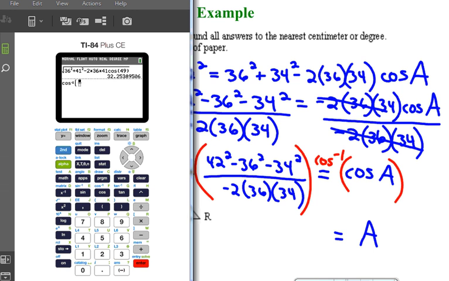That makes things a little bit easier with parentheses. 42 squared minus 36 squared minus 34 squared. Bump down to my denominator, negative 2 times 36 times 34. Bump it out. Close my parentheses for the inverse cosine. Enter. They asked me to round to the nearest degree, so I got 74 degrees.